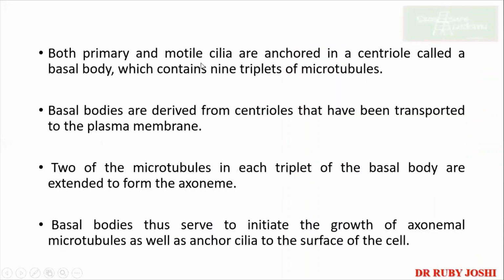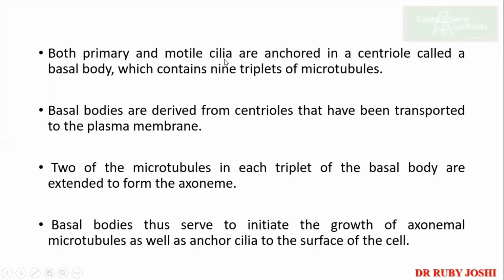Both primary and motile cilia are anchored in a centriole called a basal body, which contains 9 triplets of microtubules. So cilia and flagella are from the centrioles. Basal bodies are derived from the centrioles, which have been transported to the plasma membrane. So please remember, we are talking about the locomotory functions of the microtubules.